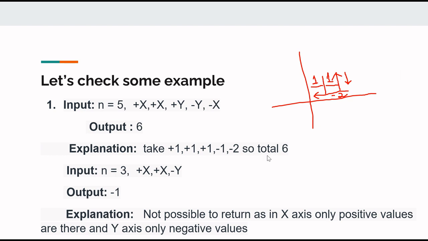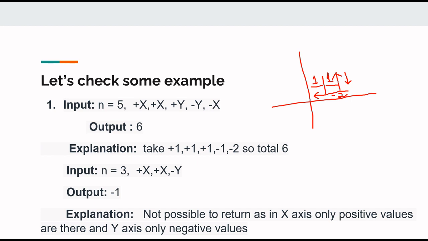Okay, now there is another example: plus x, minus y. See, here we are going to positive direction of x, but there is no chance of coming back because minus x is not mentioned. And similarly for y, minus y is mentioned, that we can go to negative direction of y, but we can't come back. So there is no way.